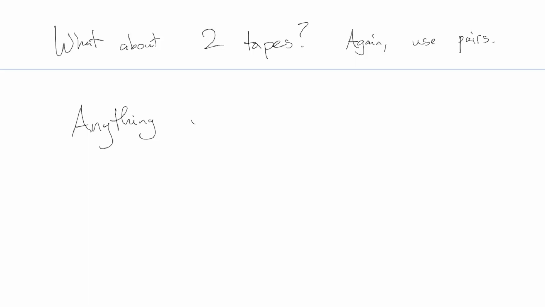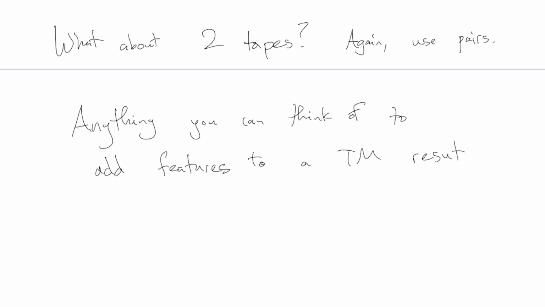I will say anything you can think of to add features to a Turing machine really just ends up resulting in equivalent machines.